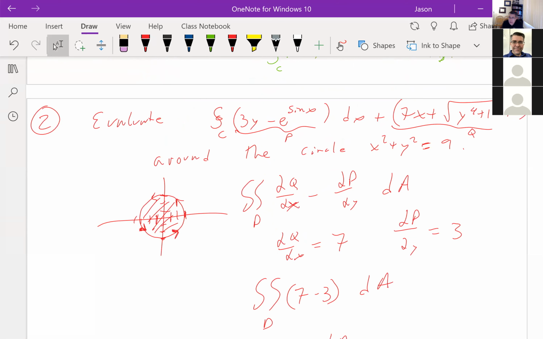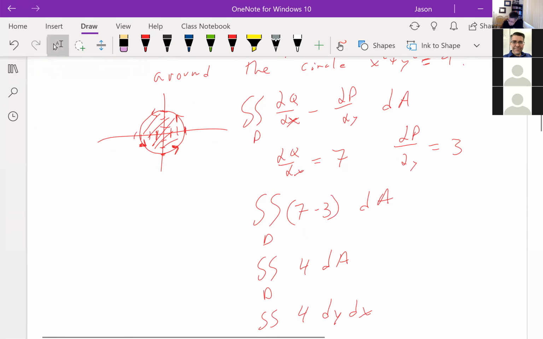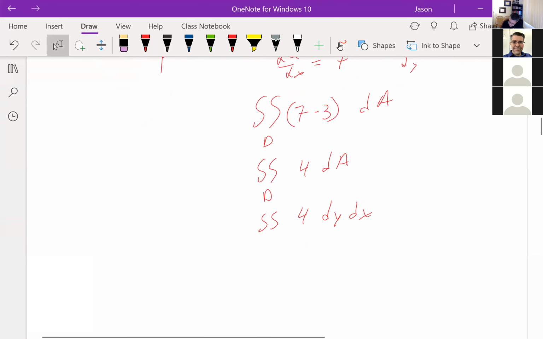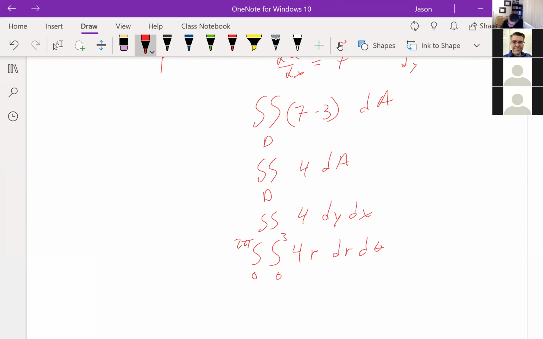So I might want to change to polar coordinates at this point. So we're going to go 4r dr d theta, where r goes from 0 to 3, and theta goes from 0 to 2 pi.